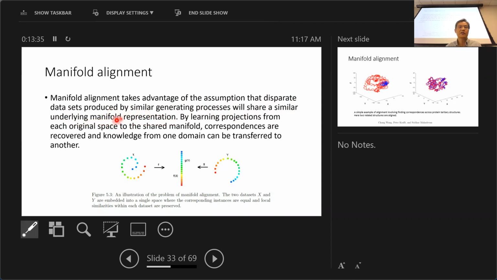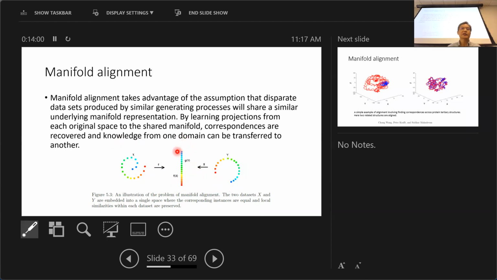So we have to learn this manifold representation, which is in the middle of these two data sets. These two data sets share this structure with locally connected data.